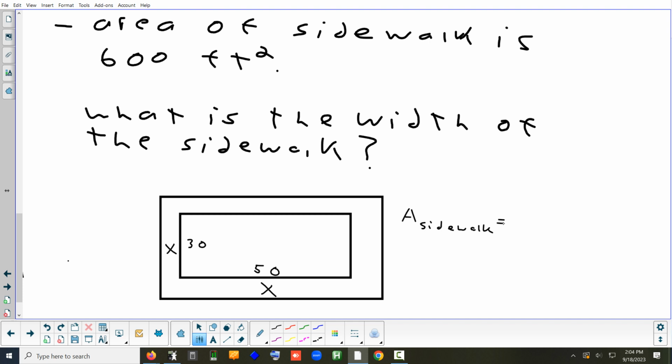So we've got this big rectangle. That's the outside one. And then we've got the pool. That's the inside rectangle. What could you do with the outside rectangle and the inside rectangle that if you did this with them, it would leave you with this space around the edge left over?